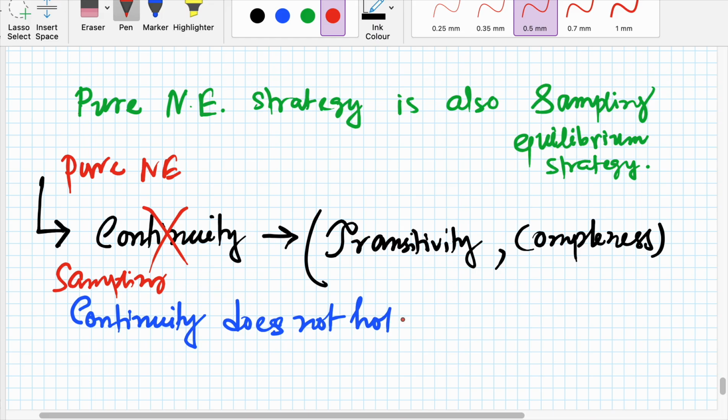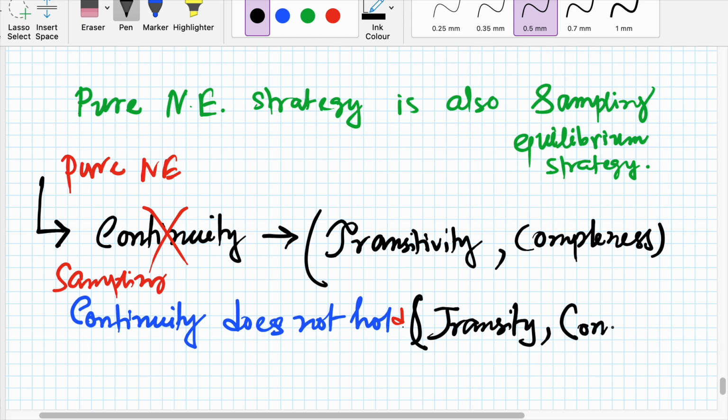So continuity does not hold, however we only use the properties of transitivity and completeness, and out of these properties the sampling equilibrium emerges.